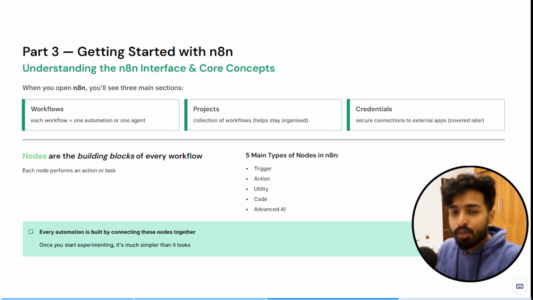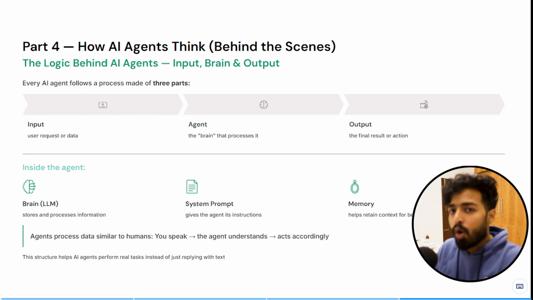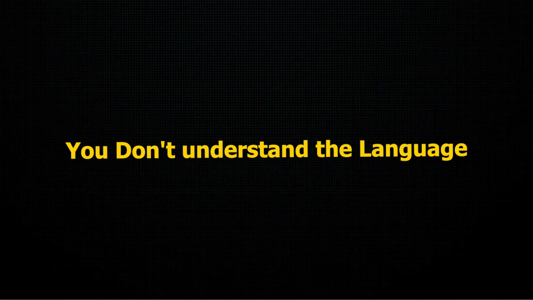Behind every action, there is always a process. For example, right now, when I talk, my words are encoded and you decode them because you know the language, English. But if I spoke Chinese, the encoding would still be happening, but you wouldn't decode it because you don't understand the language.